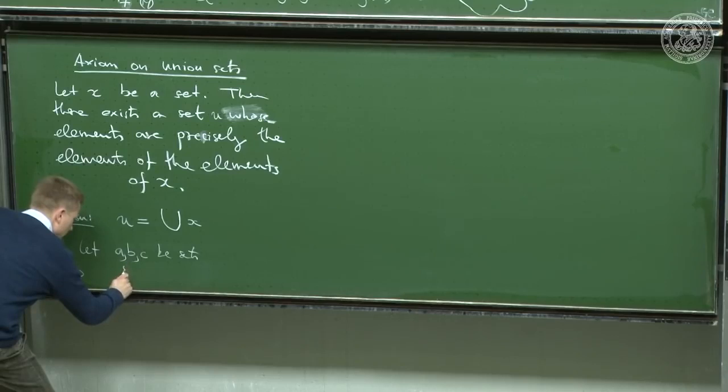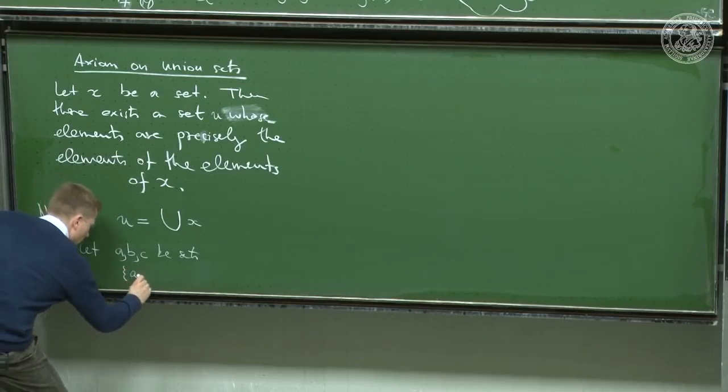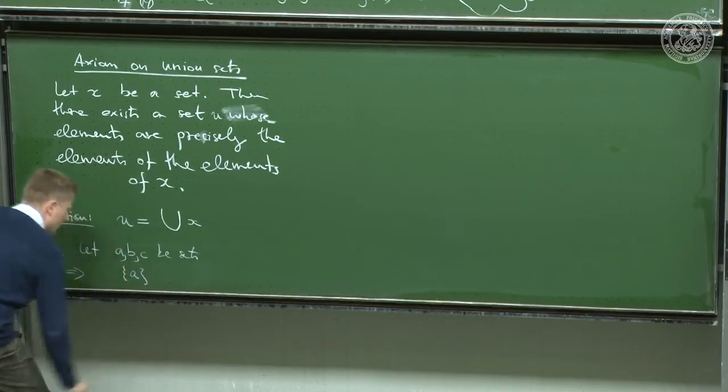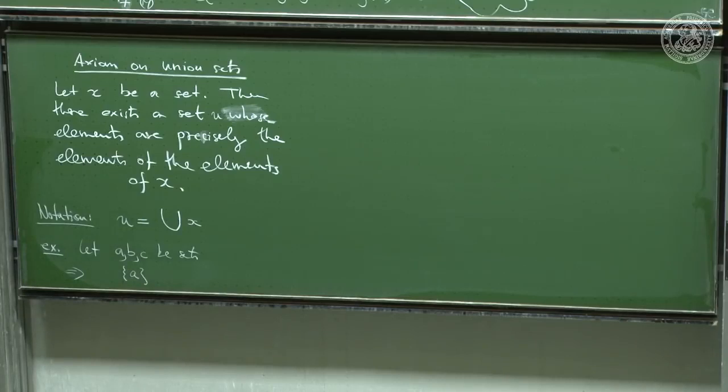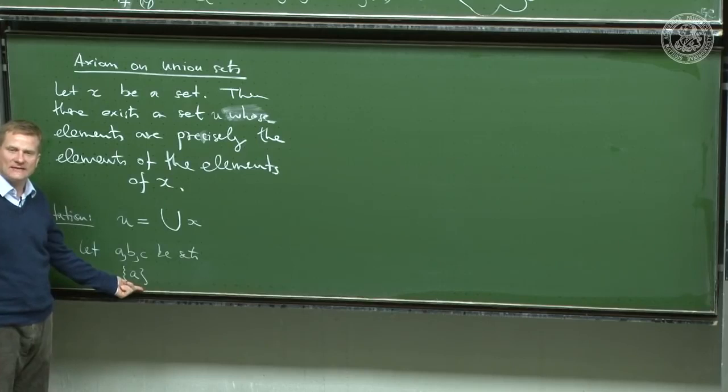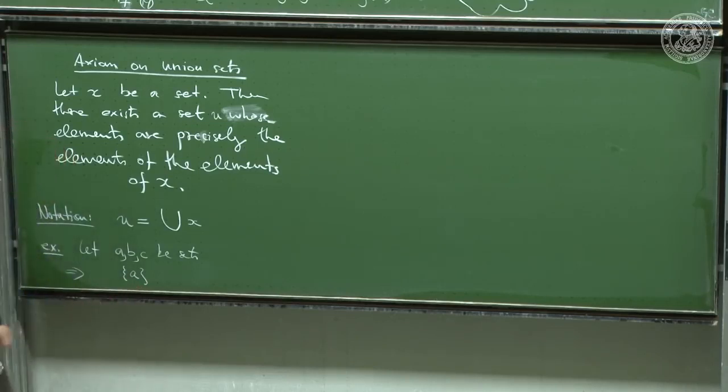I take the set with the element A. What do we know of this? If A is a set, we know this, with the brackets around it, is again a set. How are we guaranteed that this is again a set if A is a set? Which axiom? Pardon me? The pair set axiom, exactly.